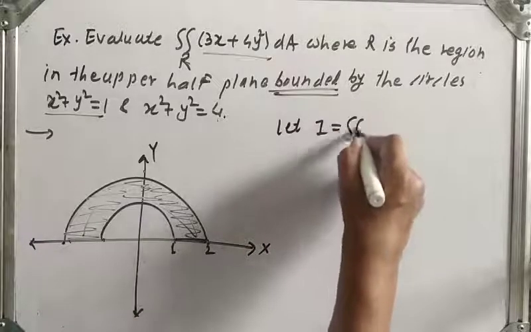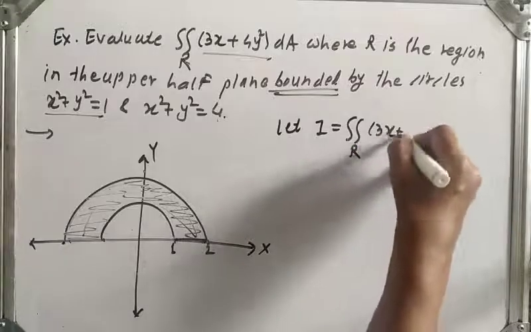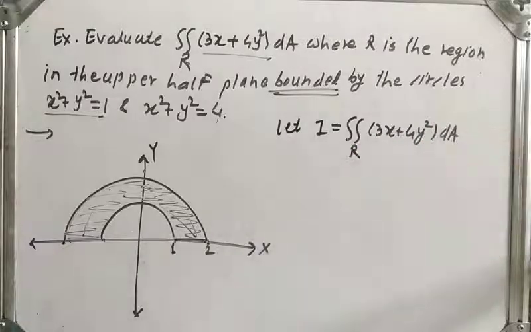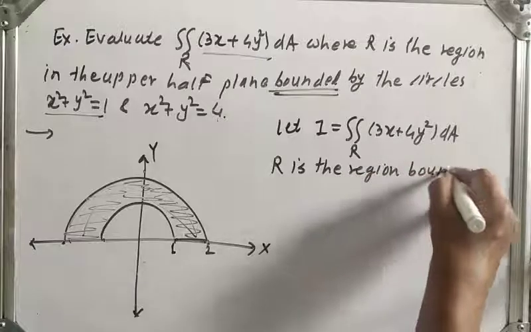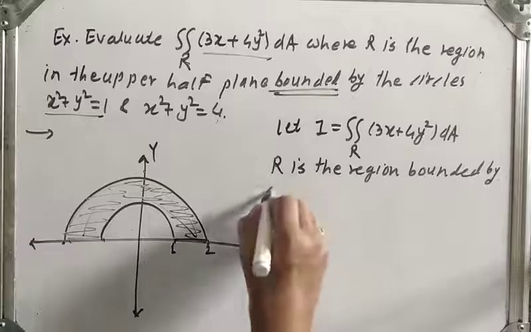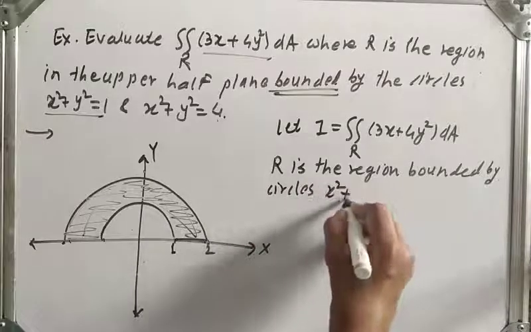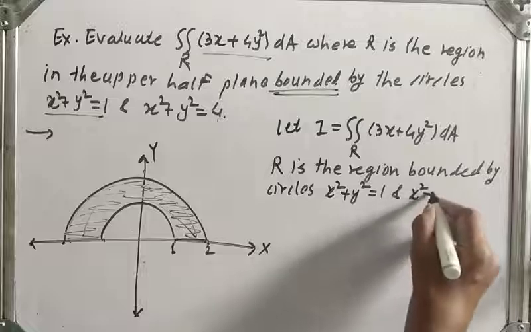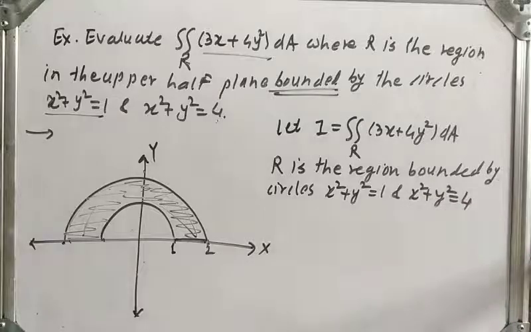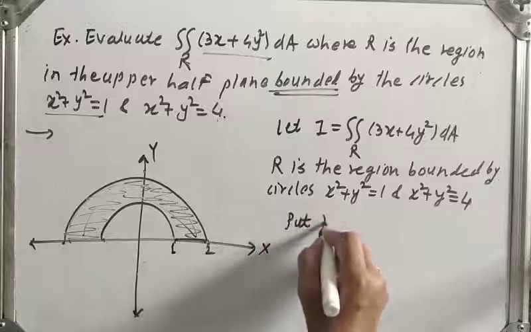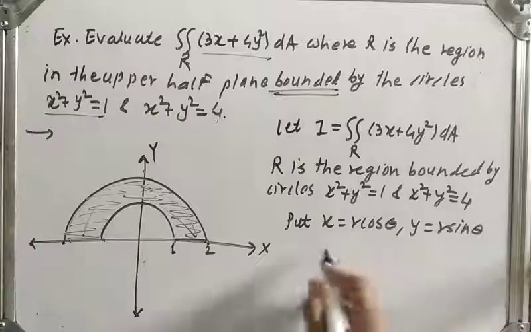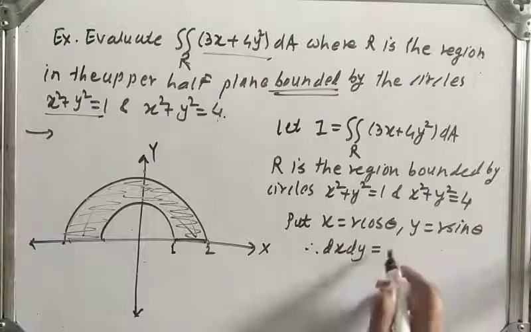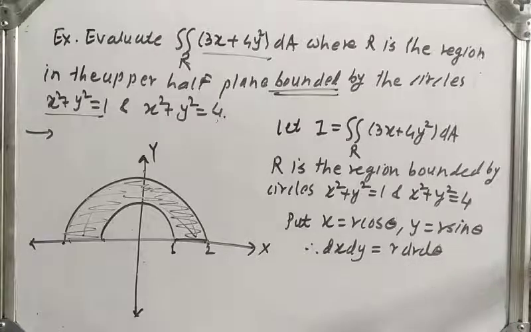Let I be equal to the double integral over R of (3x plus 4y) square dA, where R is the region bounded by the circles x square plus y square is equal to 1 and x square plus y square is equal to 4. Now let us put x is equal to r cos theta, y is equal to r sin theta. Therefore dx dy will be r dr d theta.